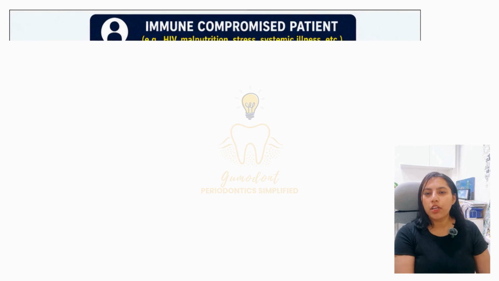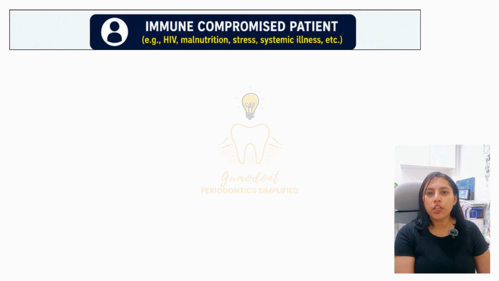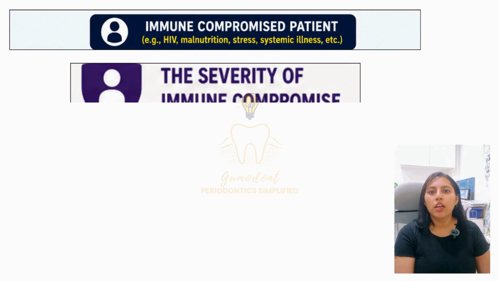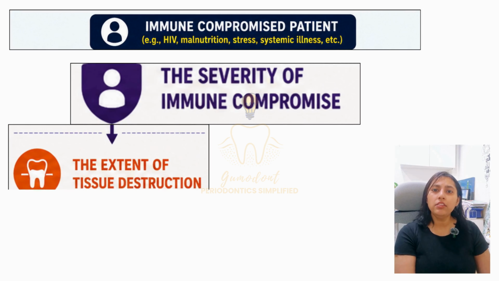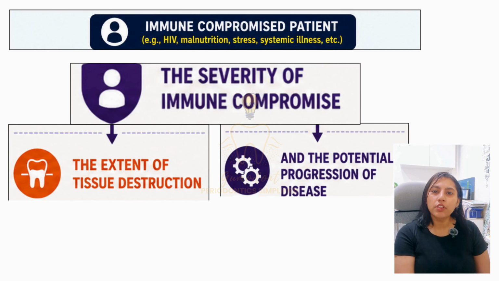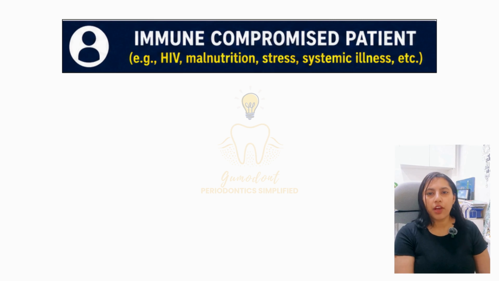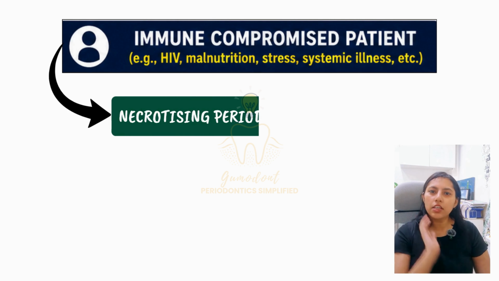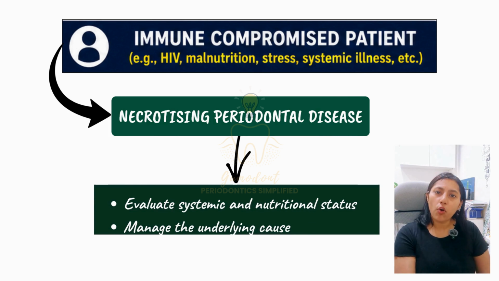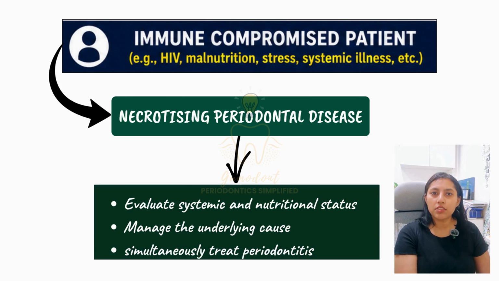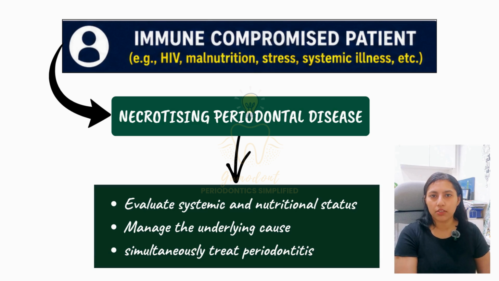So the important point here is the severity of the immune compromise largely determines the extent of tissue destruction and the potential progression of the disease. And this is why when you diagnose a necrotizing lesion, you should not only treat the periodontal condition, but also evaluate the patient's systemic and nutritional status.